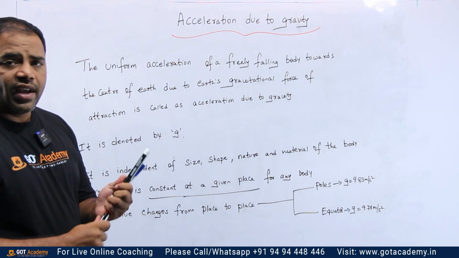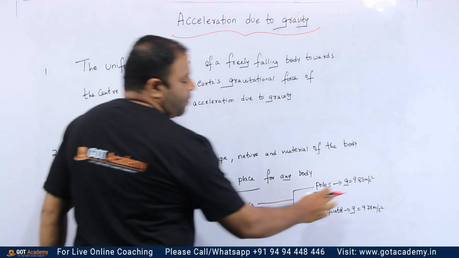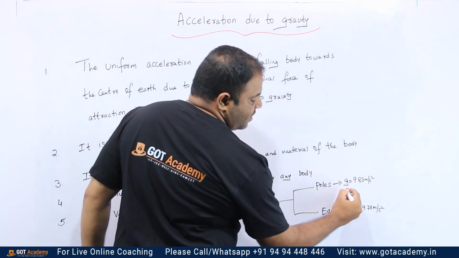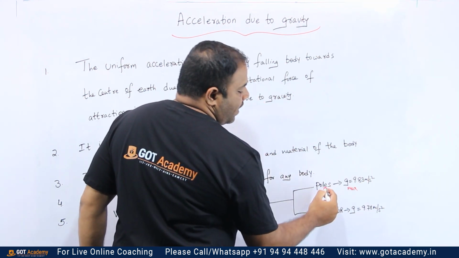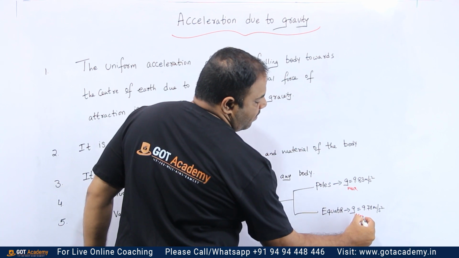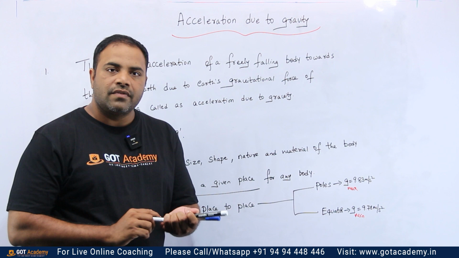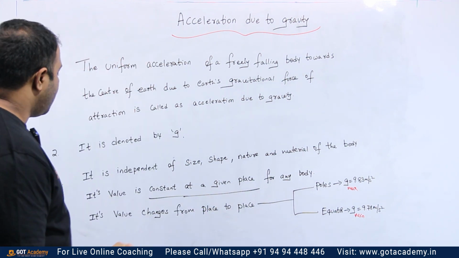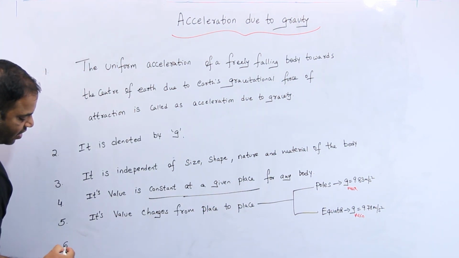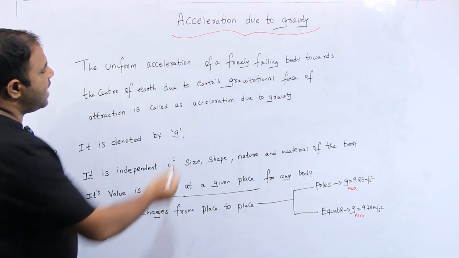Understood? In these two cases, we could observe that at poles it is maximum. So g is maximum at poles and minimum at equator. Understood, my dear?